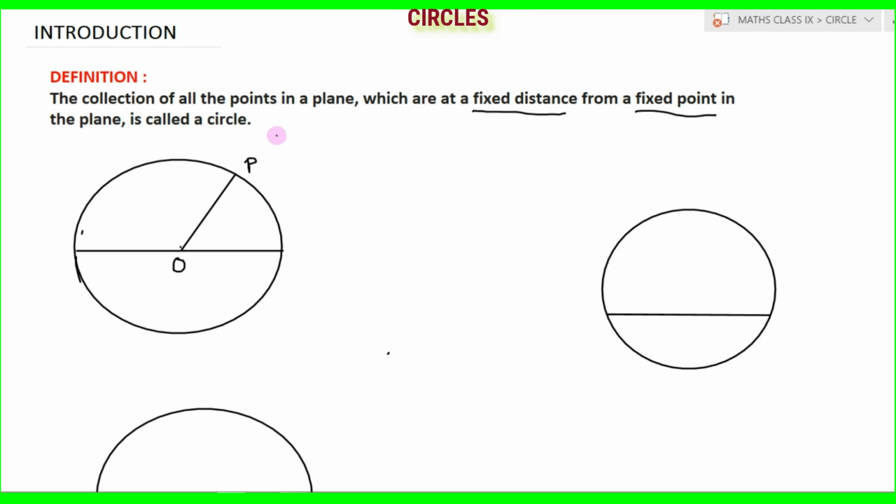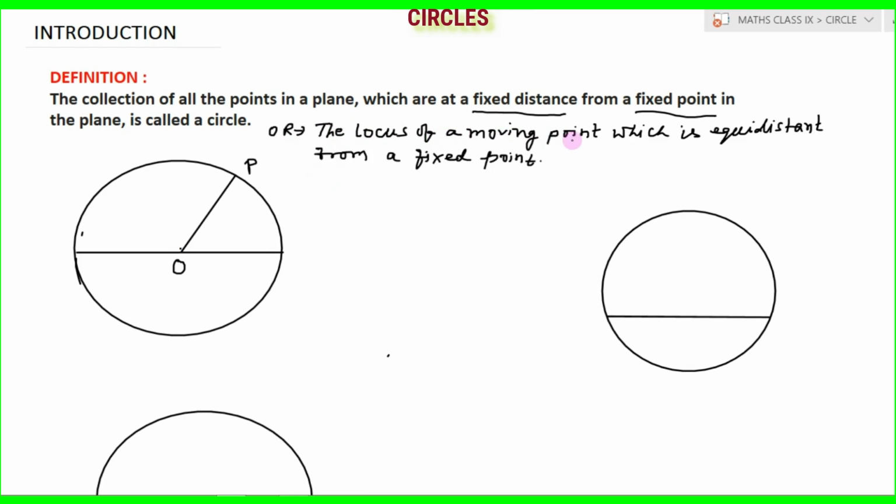Clear? One more definition we can write in standard form: the locus of a moving point which is equidistant from a fixed point. Here a word comes, locus. Locus is a path traced out by a moving point under some geometrical condition.